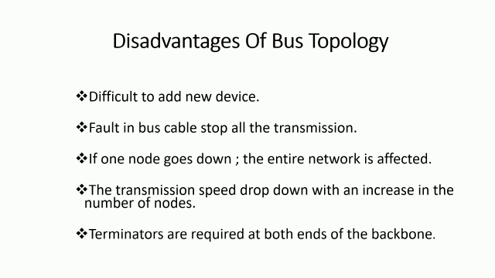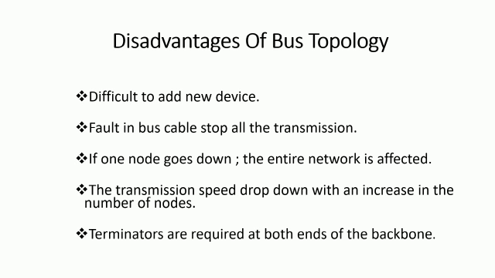Next, we will be discussing the disadvantages of bus topology. First, it is difficult to add a new device. Adding a new device requires replacement or modification of the backbone. Next is the fault in bus cable. If there is a fault anywhere in the bus cable, the entire data transmission will stop.